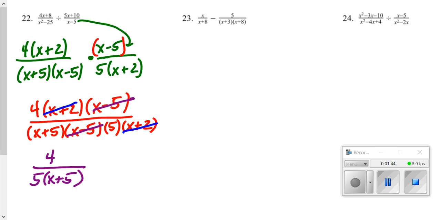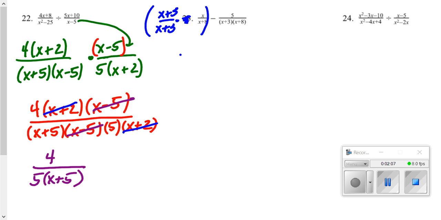Okay, in the next problem, we are subtracting. I know that when I subtract, I need a common denominator. I do not have that now. The first fraction would be the same denominator as the second fraction if it had x plus 3. So if I were to not have this problem number here, I would just be multiplying by x plus 3 over itself times that first piece.